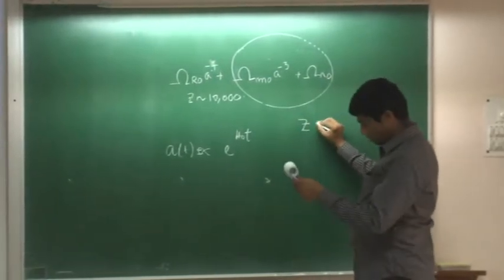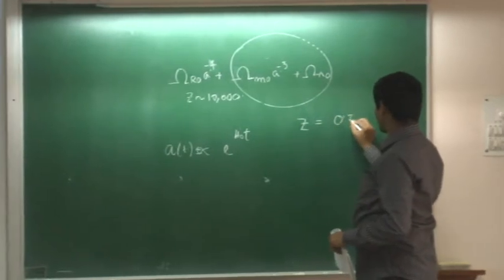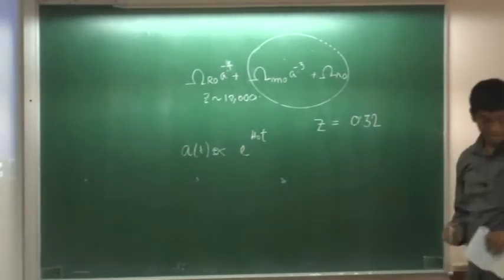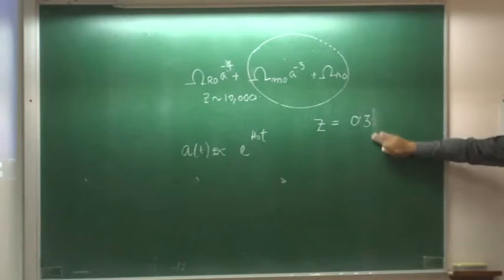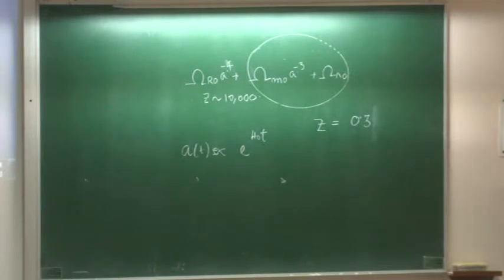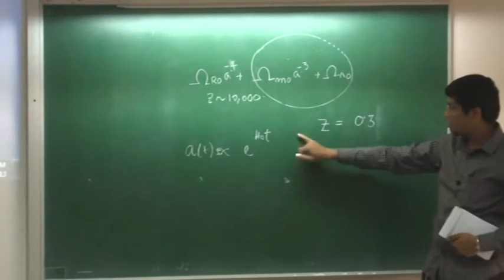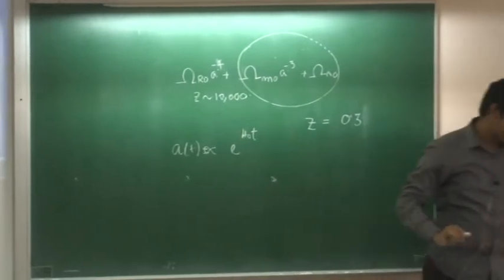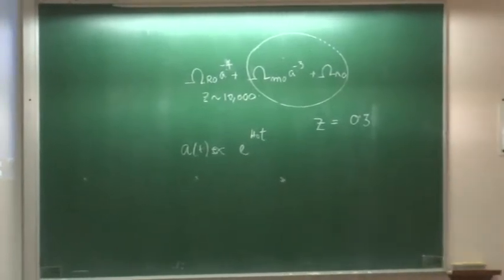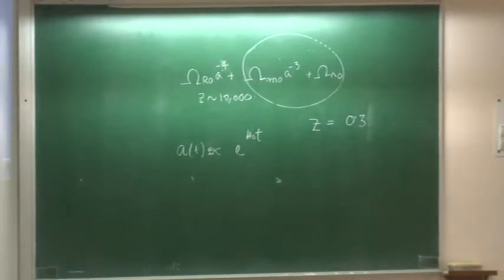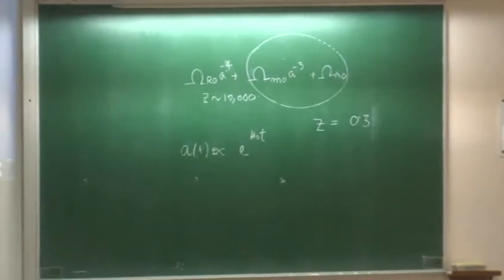That z will come out to be around 0.3, which is very recent in the history of the universe. Now what does lambda do? It makes the universe expand exponentially, right? So it's like taking things further and further apart.